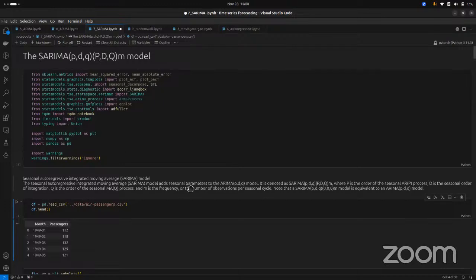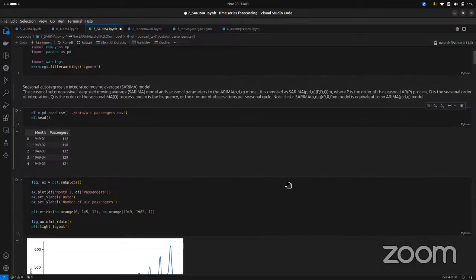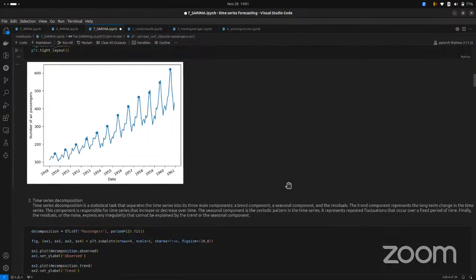So there are now other values we need to account for. The normal P, D, Q, right? And also capital P, D, and Q. We see that there are some more complexities with the SARIMA model. And so we'll try to explain all of that as we go on.